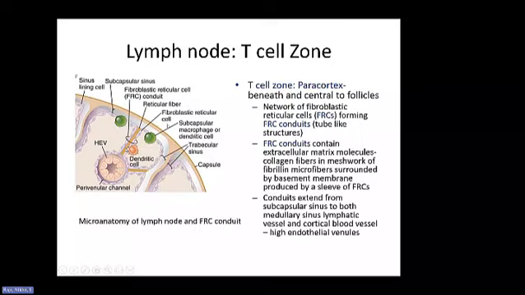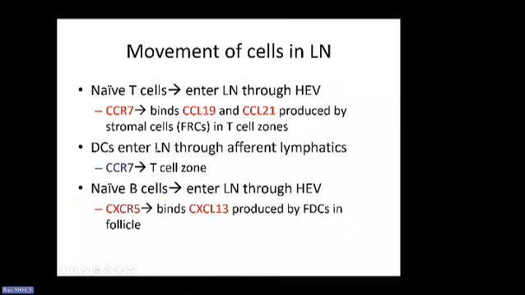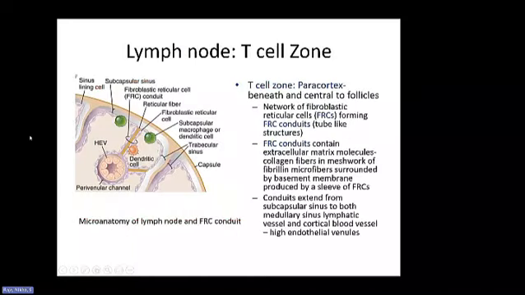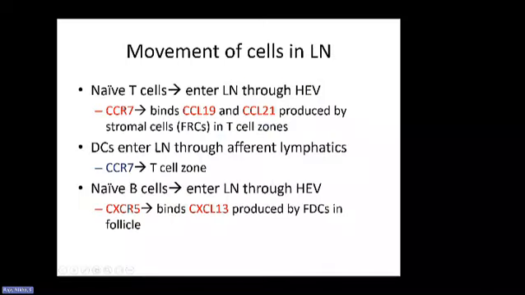because FRCs are the ones that give rise to chemokines that help to attract T cells to that zone. So what's that chemokine? It's called CCL19 and CCL21.